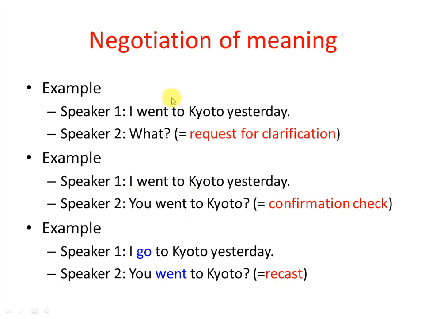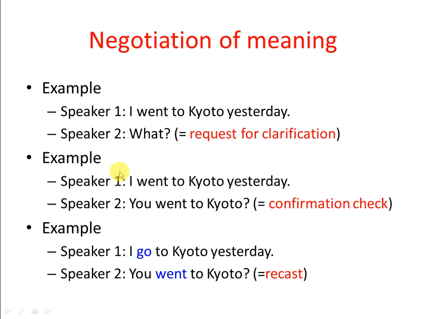For example, speaker 1 says, I went to Kyoto yesterday, and speaker 2 says, what? So speaker 2 just doesn't comprehend this utterance. So speaker 2 requests a clarification from speaker 1.